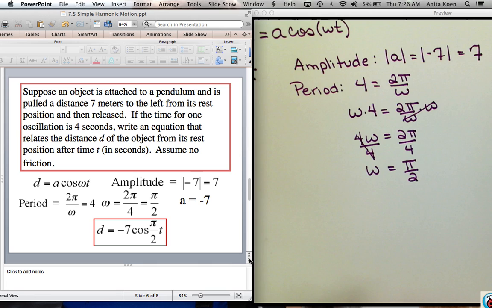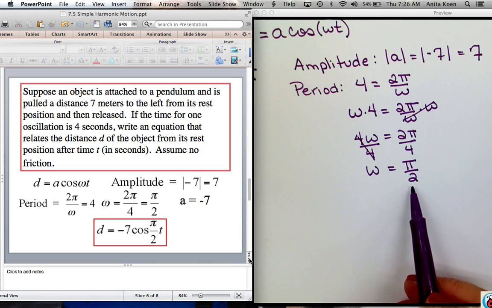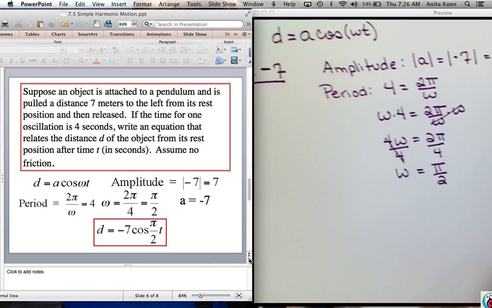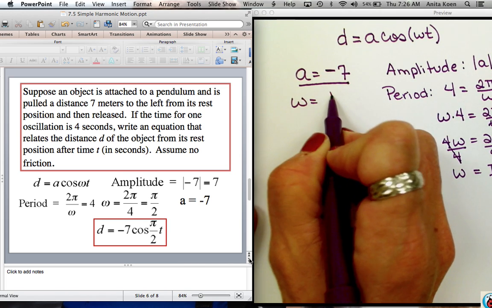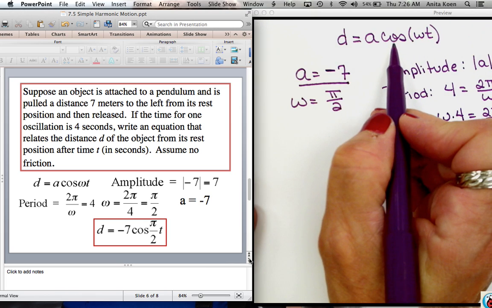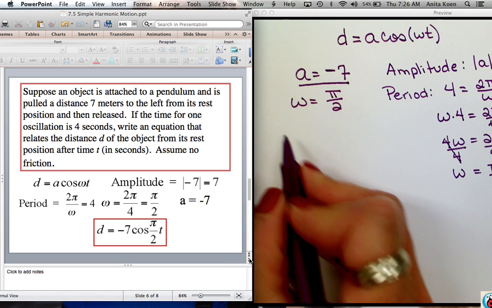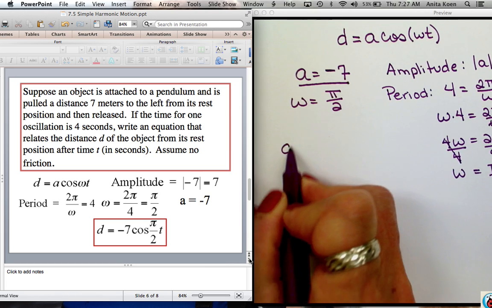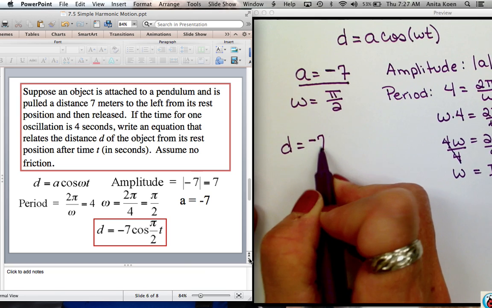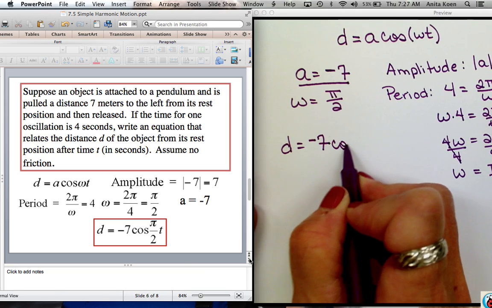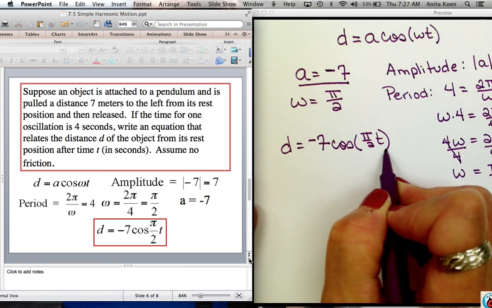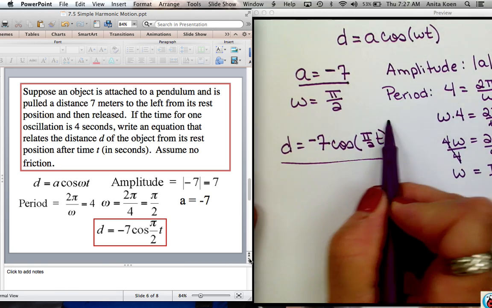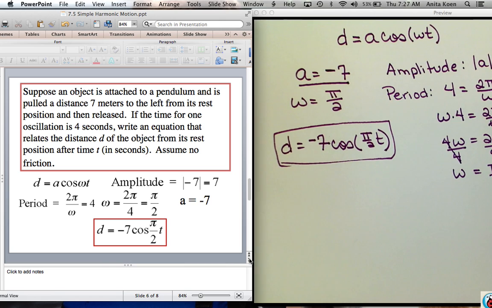Now, since I know what my omega is, and I know what my A is, I can simply come back to my formula and substitute those in and write the equation. D is equal to A, which is negative 7, times the cosine of omega, which is pi over 2, times T. And I have done exactly what they asked me to do. I've written the simple harmonic motion formula for this object.